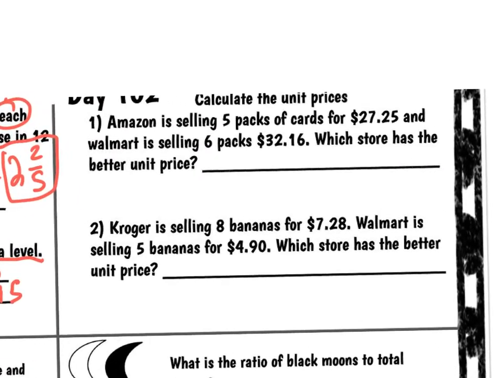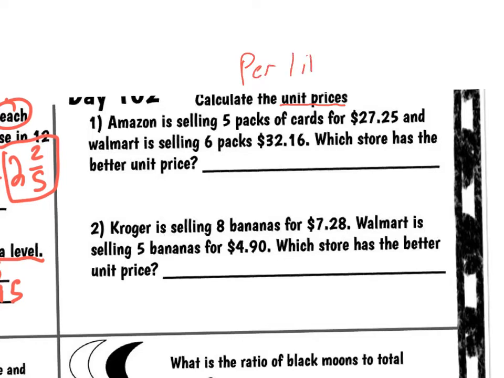Let's go ahead and zoom in right here. It says calculate the unit price. Remember, unit price means per one item or per one unit. So Amazon is selling 5 packs of cards for $27.25. Remember, we always said money goes on top when we write our ratio, and ratios can be written in fraction form.